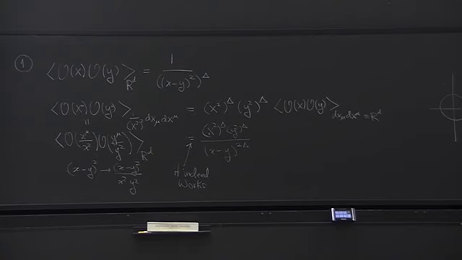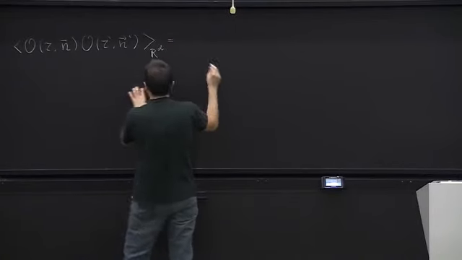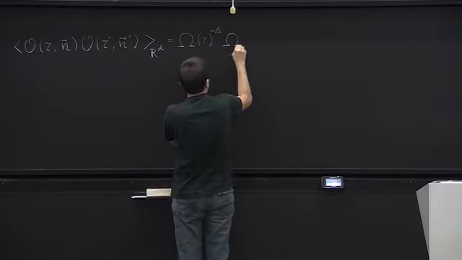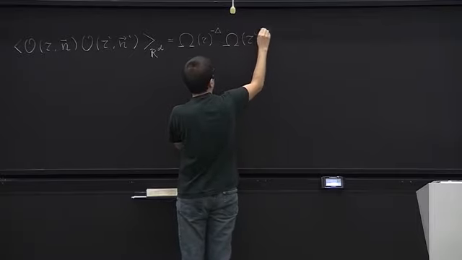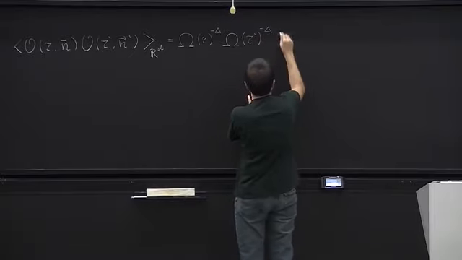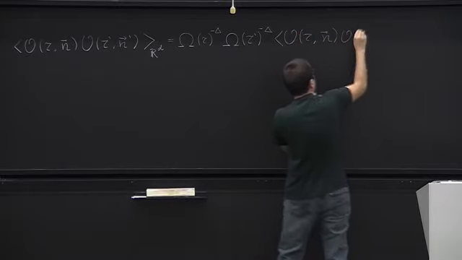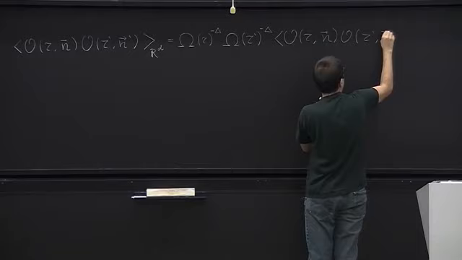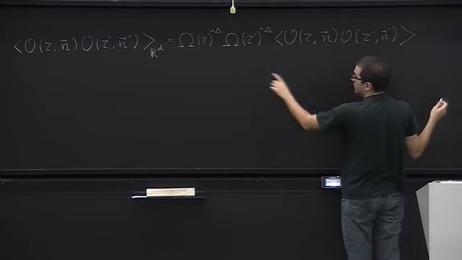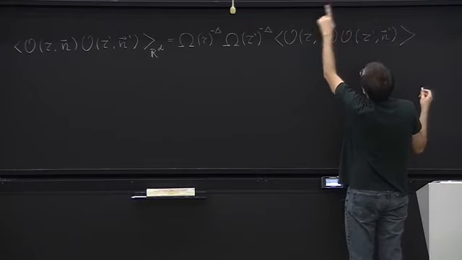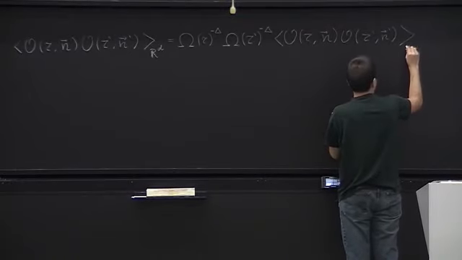in the plane, in R^d, is equal to omega of tau to the power minus delta, omega of tau prime to the power minus delta, times the correlation function of the operators in the space which is related to R^d, in this space, which is the cylinder.